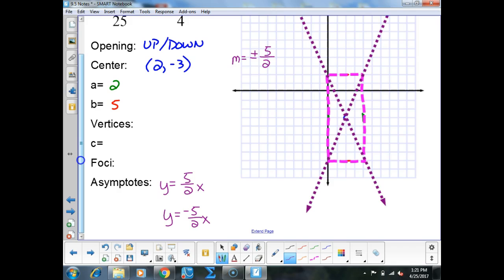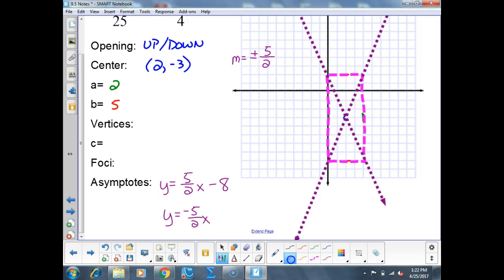Now I just got to come up with y-intercepts. On this first diagonal, the positive slope has a y-intercept of negative 8.